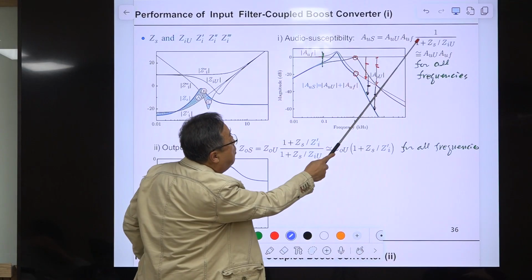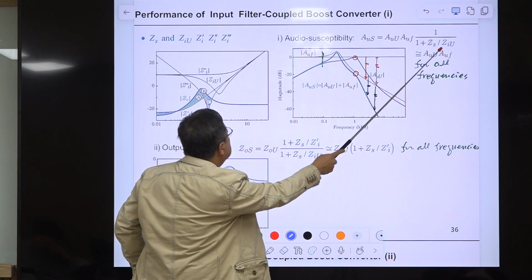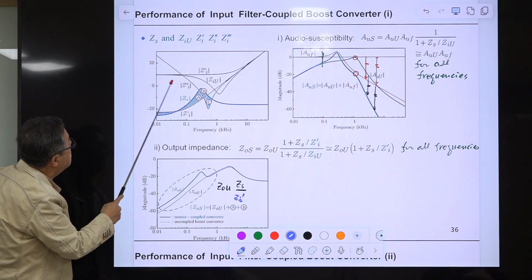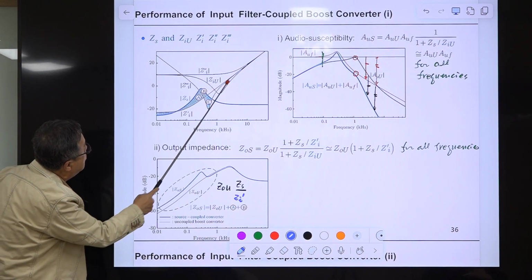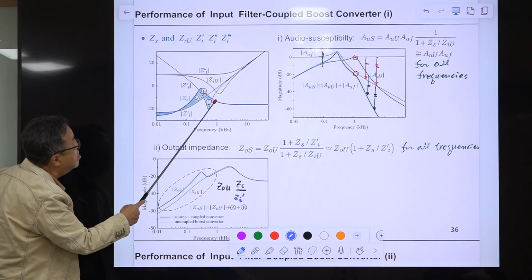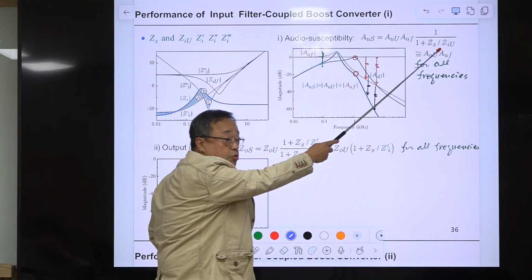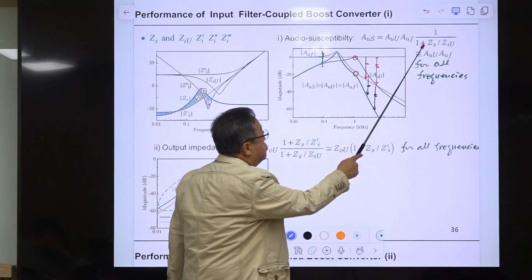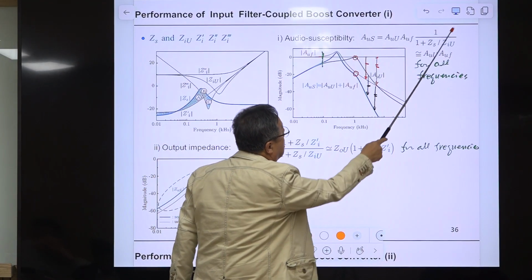Okay, but you compare this. GS is this one, and GIU is this one. GIU is always larger than GS, so this term can be ignored. For the entire frequency range, this will be smaller than 1. Then you forget about this.